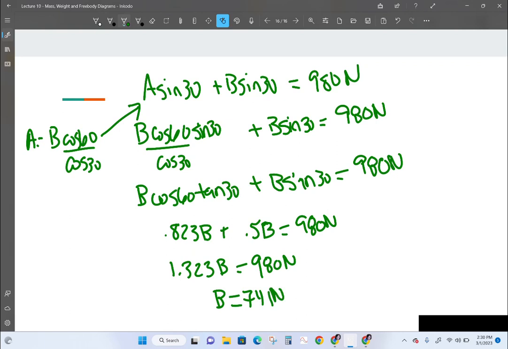And if I put it in here, so 741 times the cosine of 60 divided by the cosine of 30. So 741 times cosine of 60 is 370.5 divided by cosine of 30. And that should give me tension A is 428 newtons.